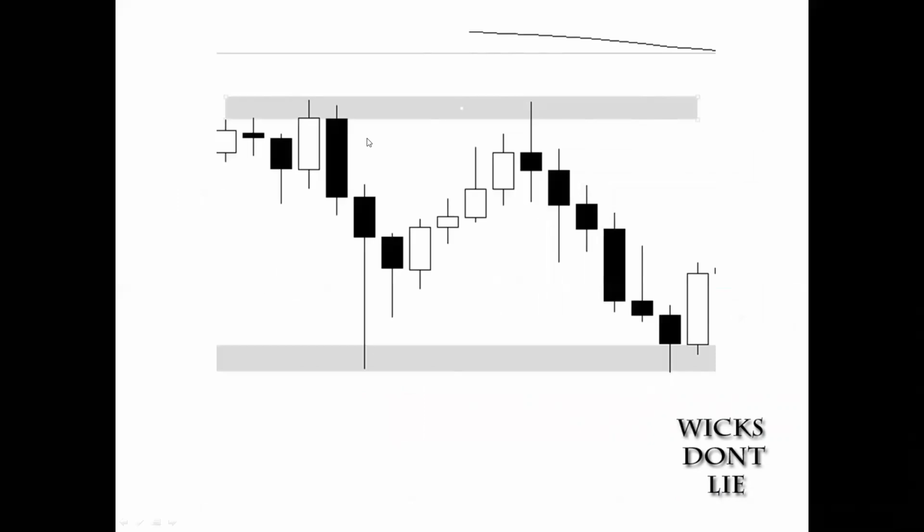And then slowly, when we mastered selling 4-hour resistance and buying 4-hour support, we started to look at things within the range, things which we can take advantage of.